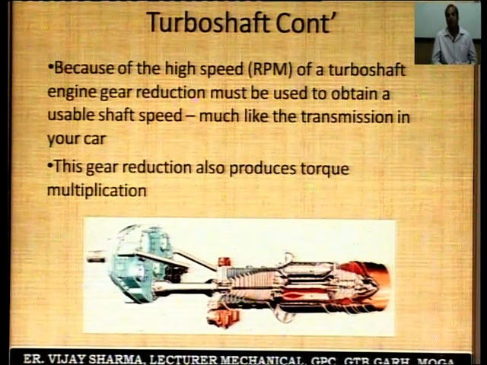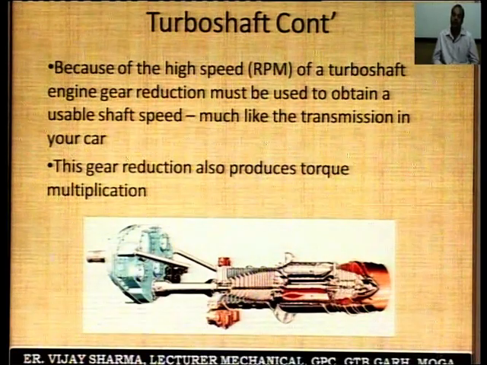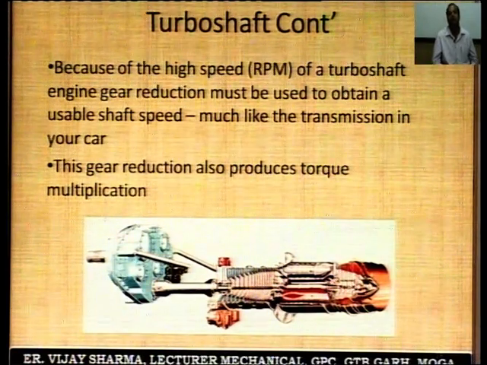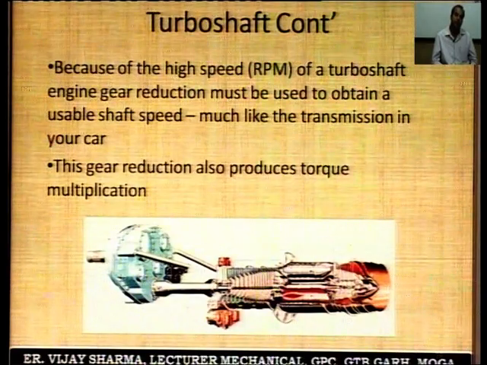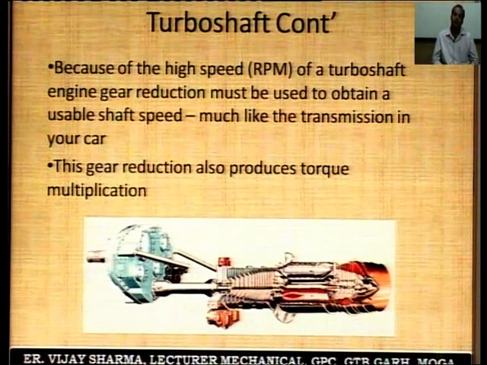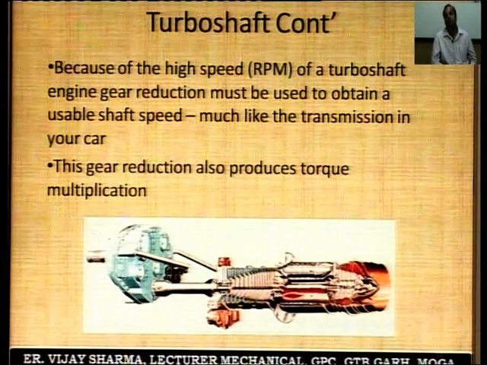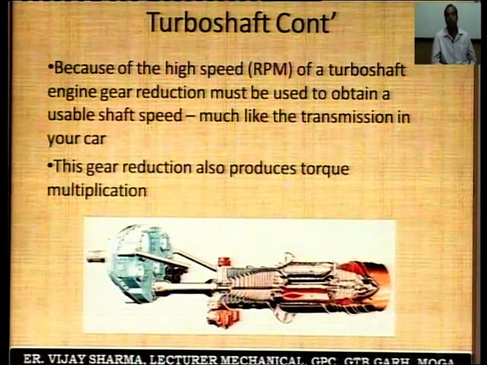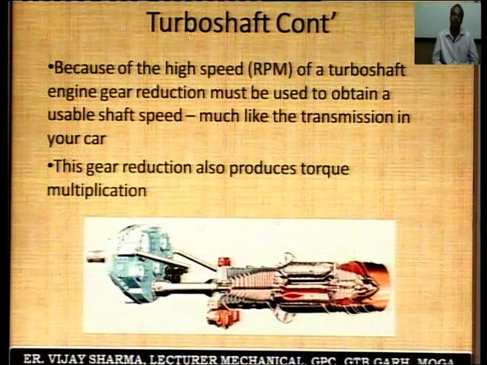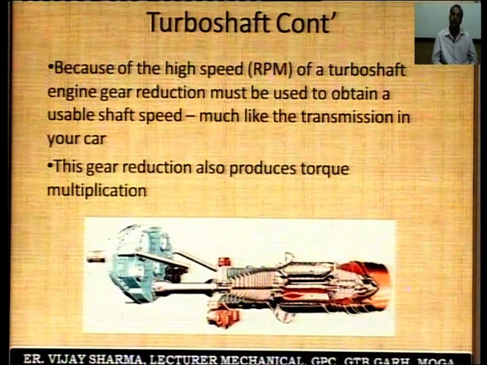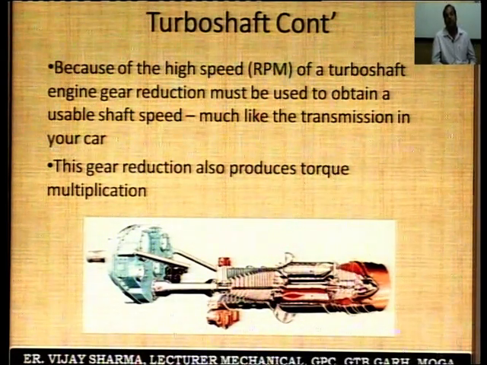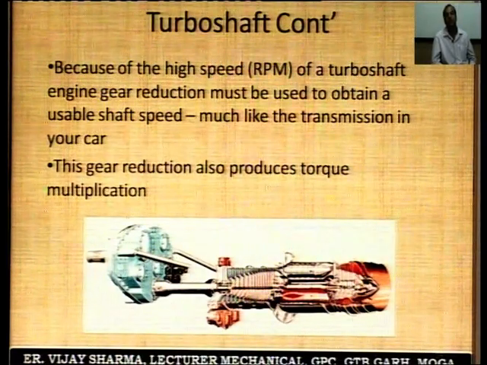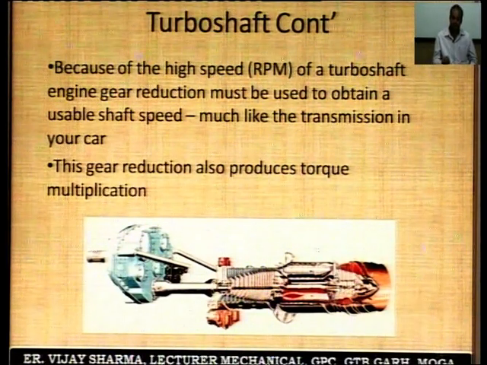In the turboshaft, because the speed of the turbine is much higher than the required, we have to use gear reduction, which is also known as differentiation in automobiles. The gear reduction also produces a torque multiplication. With the reduction of the speed, we can generate a higher torque, as we use in the tractor also.